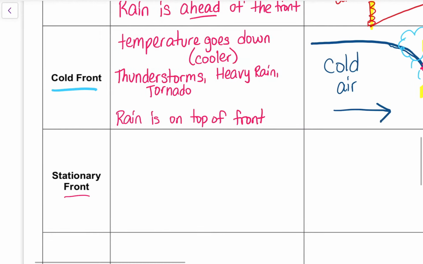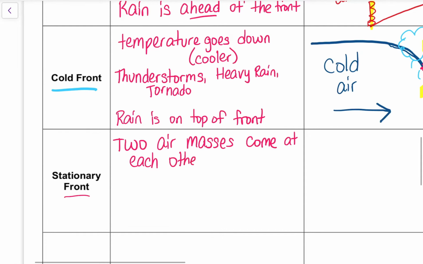So two air masses come at each other. And they don't move. So because they don't really move, we do get rain, and the rain lasts for many days.